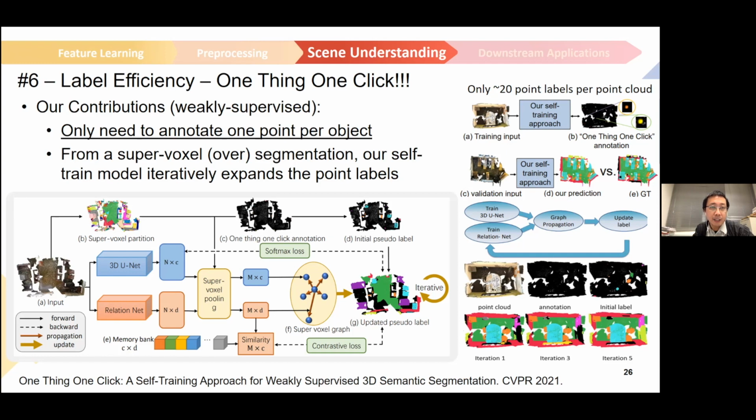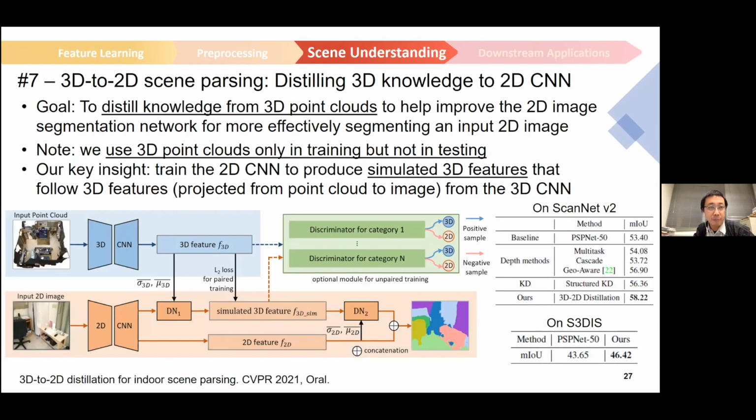We show that by using even just one point for each object, we are able to train the entire network using this self-training model in order to produce a quite natural result, by means of just a few iterations in this self-training process. Due to time limit, I guess I have to be even faster.